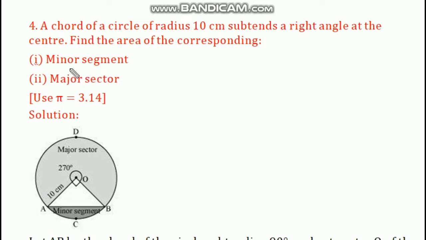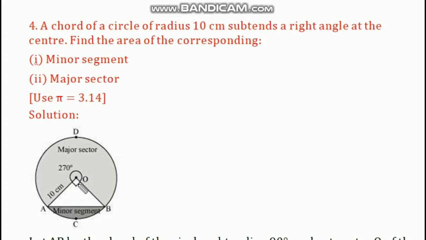Actually, here we need to find out the minor segment and major sector. So the radius of the circle is 10 centimeter. The angle, 90 degree, is subtended by the chord AB.